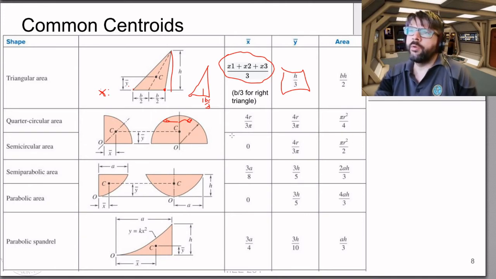So if you've got one axis of symmetry, the centroid needs to be on that axis. If you have two or more axes of symmetry, then the centroid is located at the intersection of those axes of symmetry.